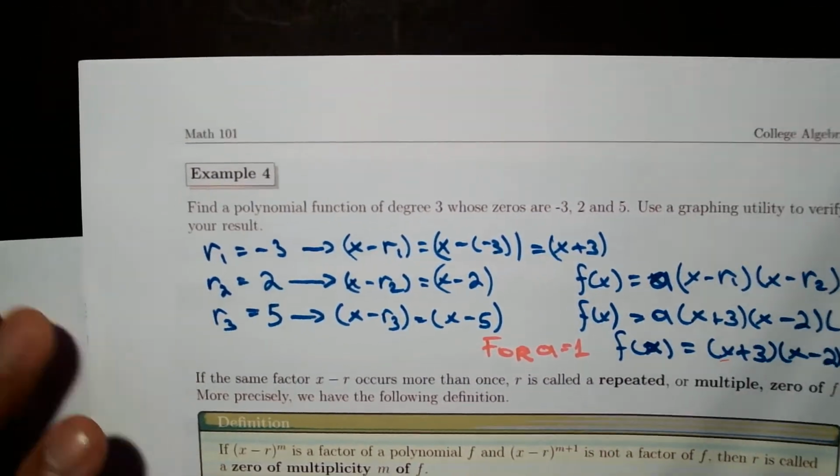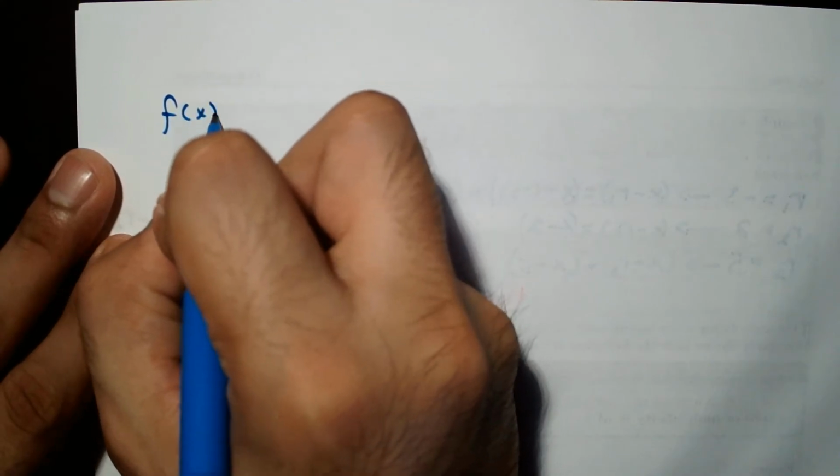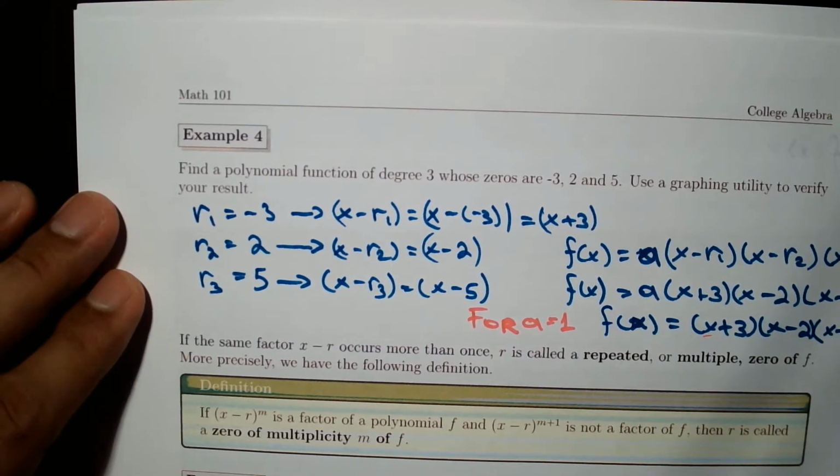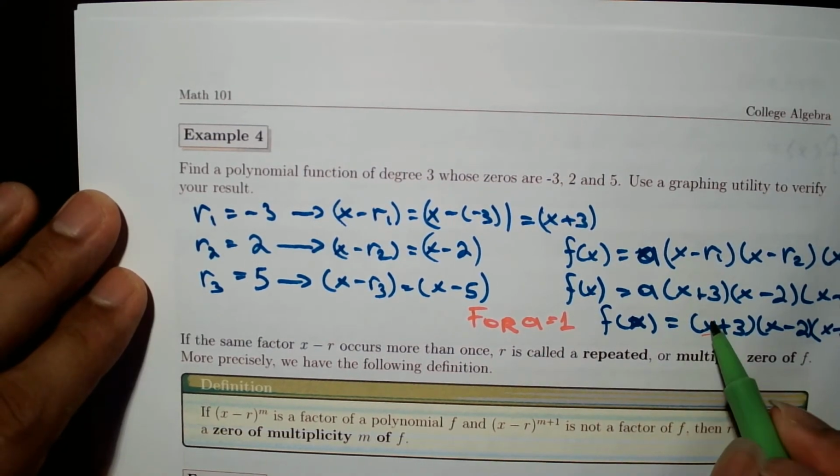I'm going to use the back side of the page because I ran out of space here. So, let's see. So I got f of x equals, so what I'm going to do here is to FOIL this.